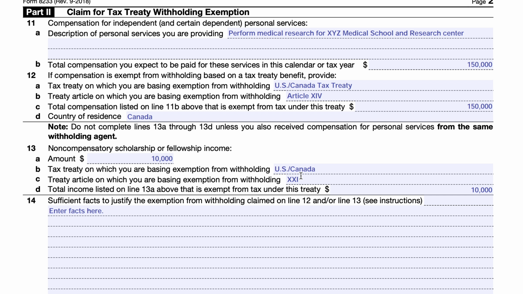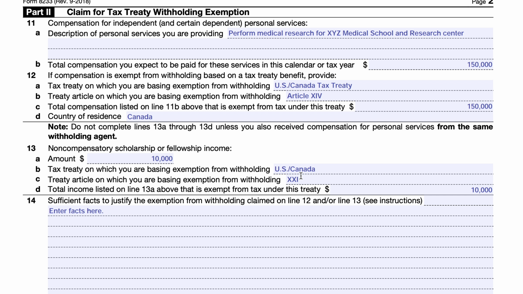So, when you complete this form, or if you are the withholding agent reviewing this form, you do need to be familiar enough with the tax treaty to make sure that this is a reasonable claim. Otherwise, the IRS will reject it, and there can be certain stipulations based on the conditions under which the IRS does not accept the claim.